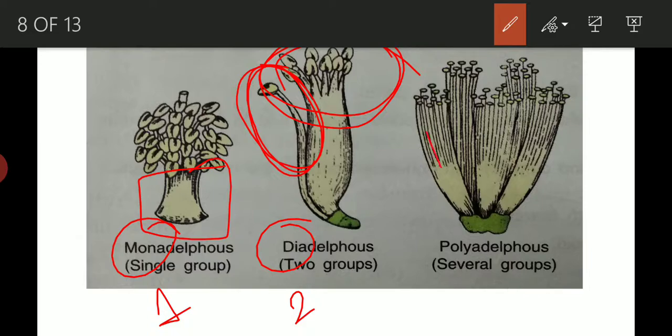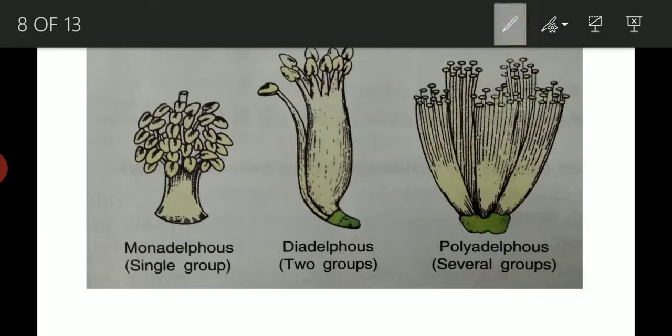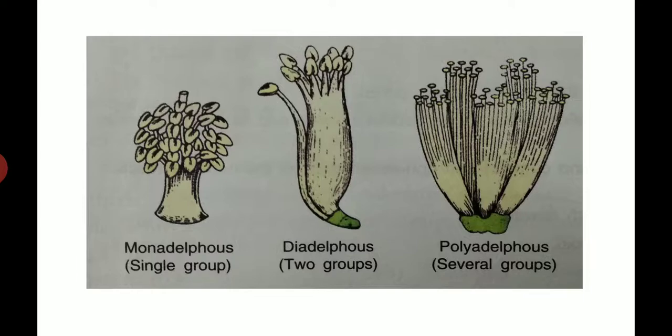This is 1, this is 2, 3, 4, 5. Here the picture is showing 5 groups of stamens. Poly means many. Several groups will be there. So basically, monadelphous means one group. Stamens will be united in one group by their filaments. For example, China rose, cotton.